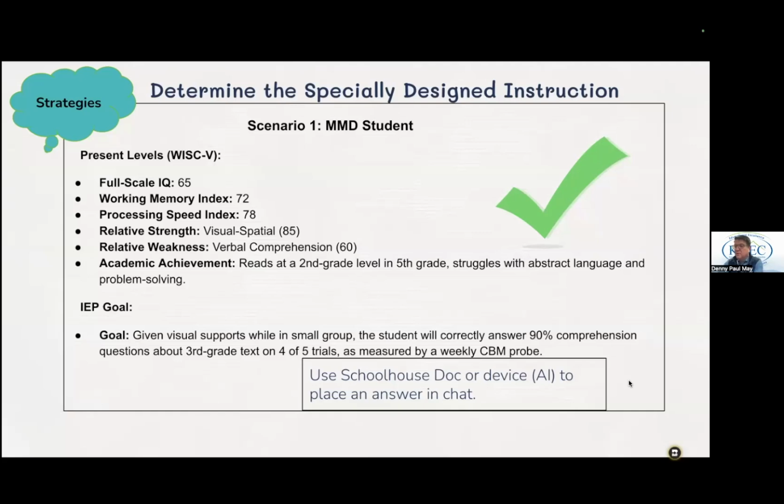I'll give you some time here. It really works better if you place some things in the chat, but you've got plenty of time here. No rush. But we want some SDI, and we want you to kind of explain, hopefully, why you're using what you're using.